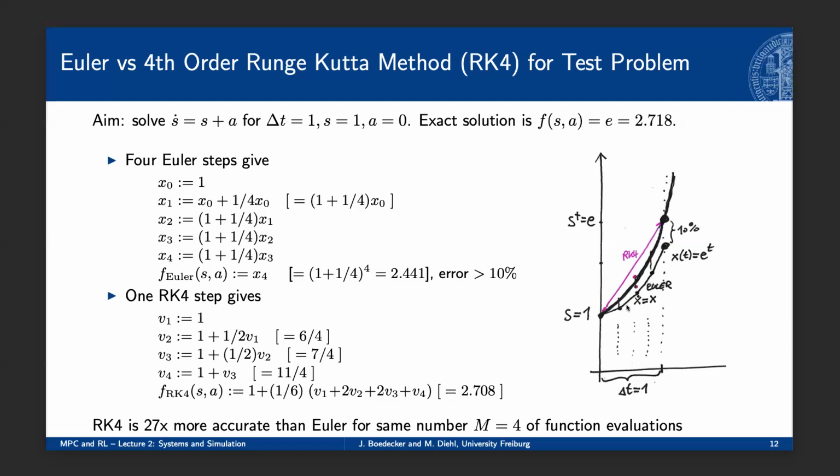The 4 Euler steps are denoted here. That's roughly how they look. And you get a 10% error for this little example. One Runge-Kutta step does something magical. I cannot easily visualize it, but it nearly hits the point. Yeah? So that's what you would get here. It's 27 times more accurate than the Euler method.